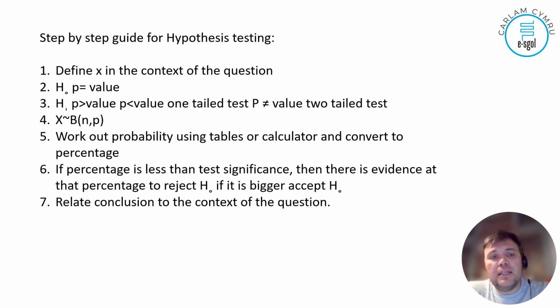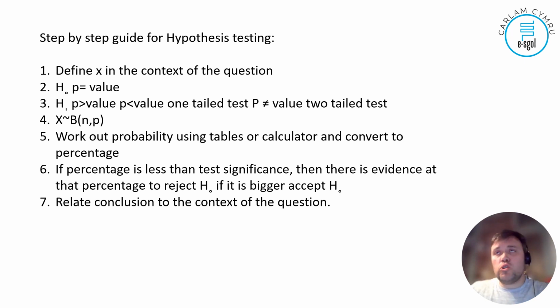Now, this is part 5. You're working out, using the information, what the probability is. So you're either going to be using the tables, or you're going to go to the calculator, and you're going to convert whatever that answer is. Once you've worked it out, you convert it to a percentage, and then you compare it. If the percentage is less than the test significance, then there is evidence at that percentage to reject H0.